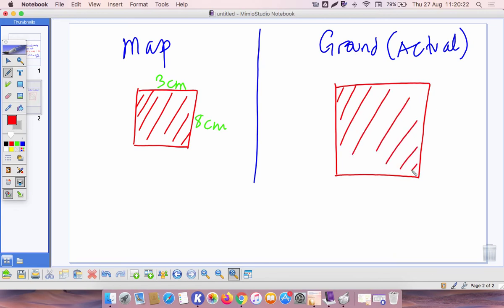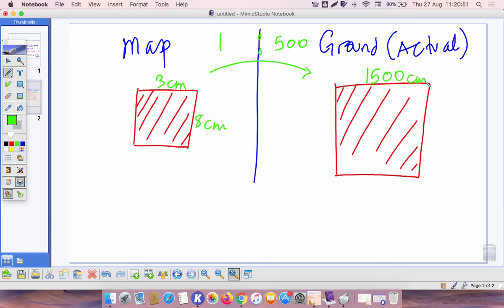So from what we learned, if I have 3 centimeters on the map with a scale which is 1 to 500, it means that I will multiply this 3 by 500, and on the ground it's 1,500 centimeters.